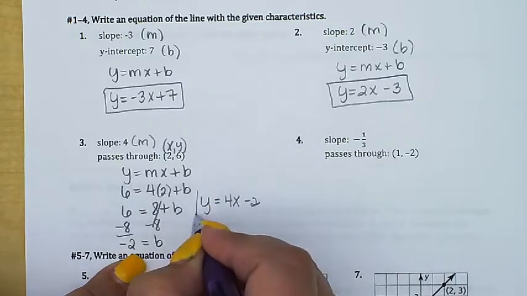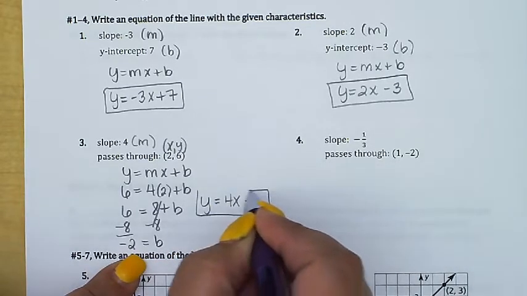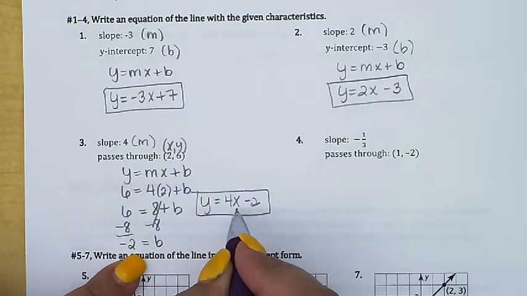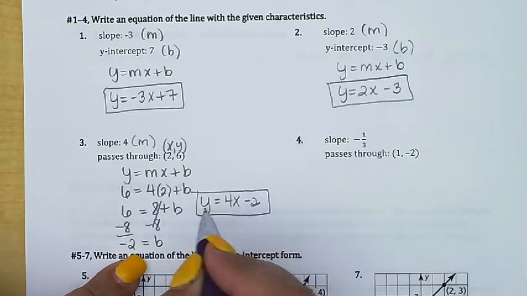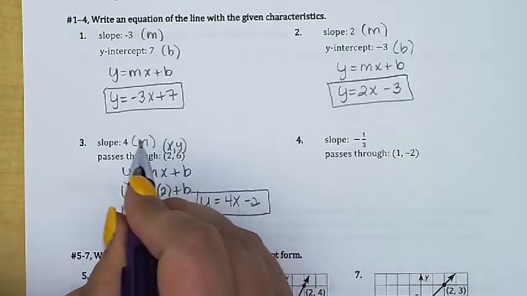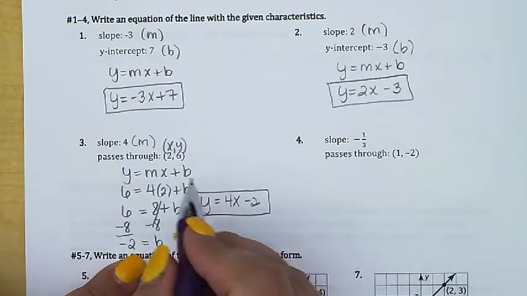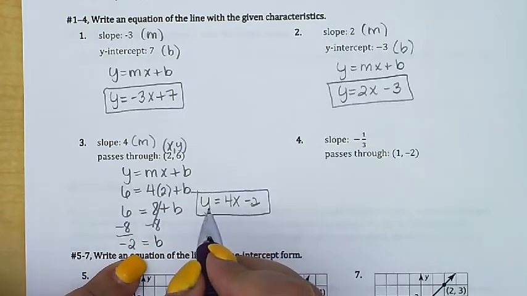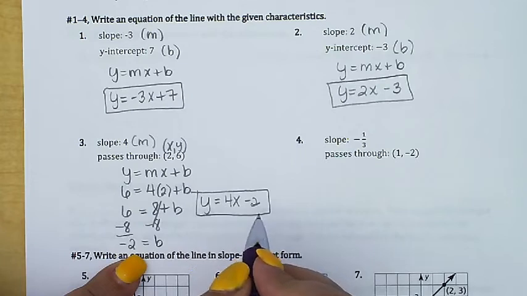And so that's the equation that has a slope of 4 and that when x is 2, you could test it. If you plug in a 2 and you solve all of this, you should get 6. So this is the equation that has a slope of 4 and passes through the point 2, 6. It would be the equation y equals 4x minus 2.